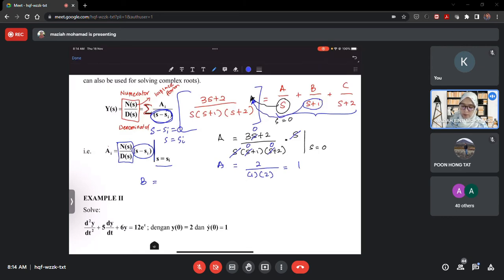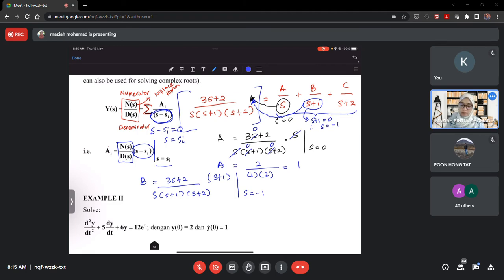So therefore we're going to have 3s plus 2 divided by s plus 1, s plus 2, multiplied with s plus 1, because s plus 1 is the denominator for B. And then we're going to consider s equal to minus 1, because based on the denominator of B, s plus 1 equal to 0. Therefore, s equal to minus 1.